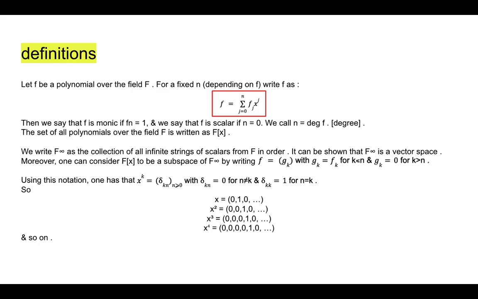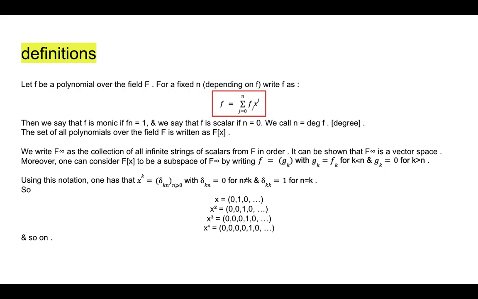For a polynomial f, write it as the infinite string g_k as k ranges over the non-negative integers. Here, g_k is allowed to be the kth coefficient of f, that is f_k, for k less than or equal to n, and for k greater than n, you write g_k as 0.